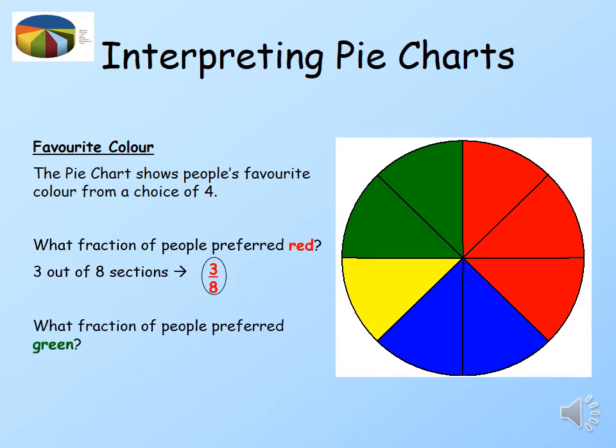The next question that's been asked is what fraction would prefer green? And the answer is of course 2/8. When we write any fraction, we must put it in the simplest form.